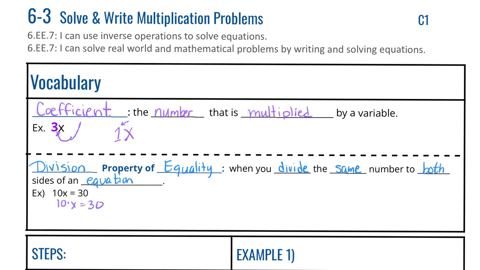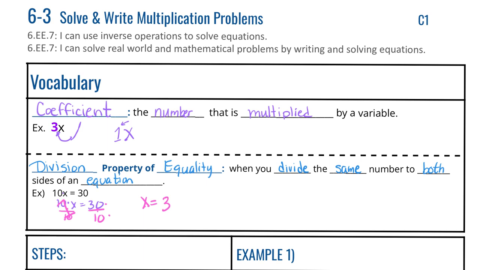And then we're going to divide both sides by 10, because that's the inverse operation. When we divide the same number on both sides, it'll still be equal. So x equals, and then 30 divided by 10 is just 3.